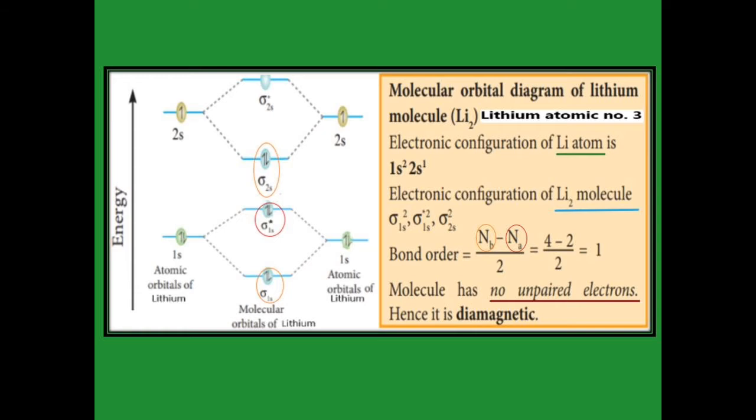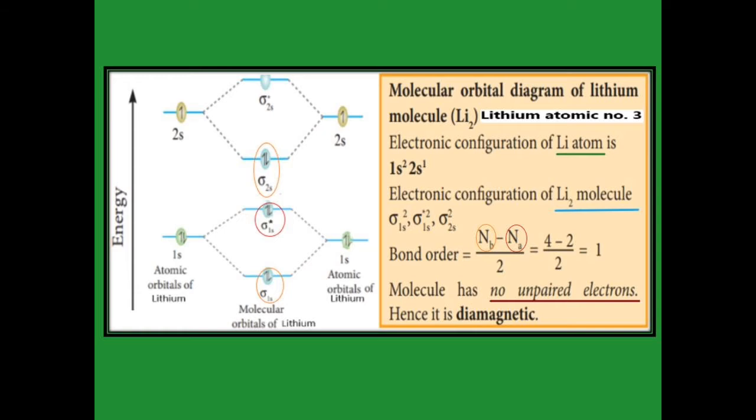Now we move on to 2s. In 2s, how many electrons are present at the atomic level? Only 1 electron. In the same way, the other lithium atom also contains 1 electron in 2s. The 2s orbitals form sigma 2s in the molecular orbital, and in the same way sigma star 2s. 1s forms sigma 1s, and 2s forms sigma 2s.